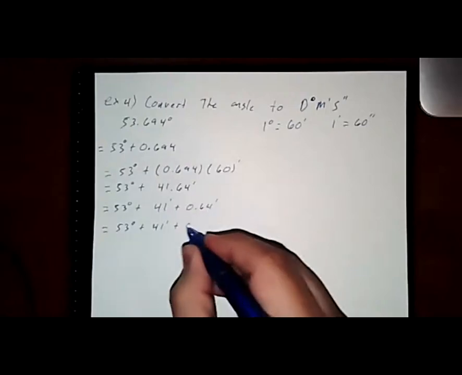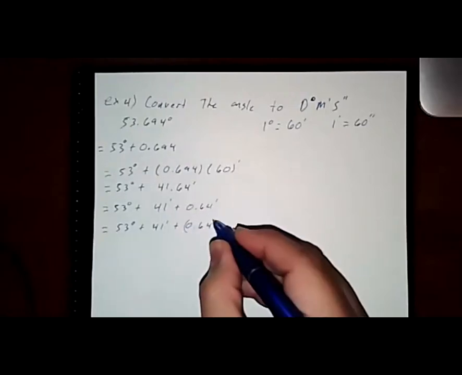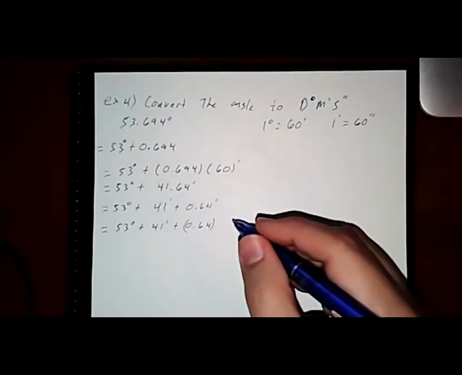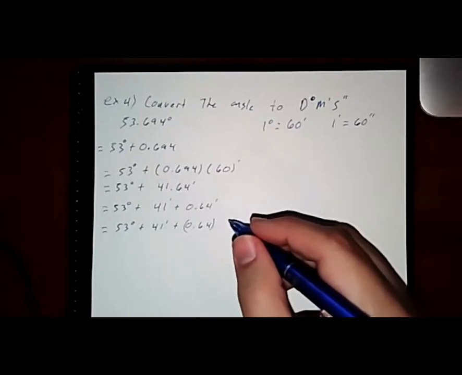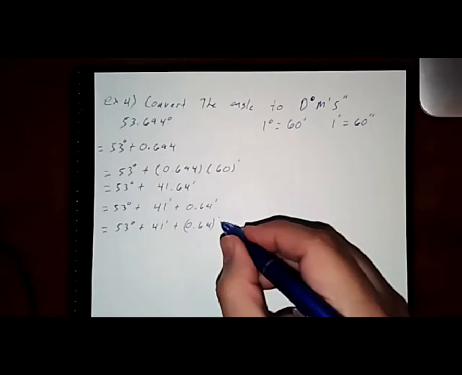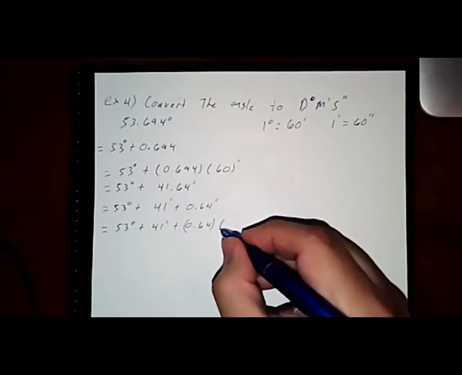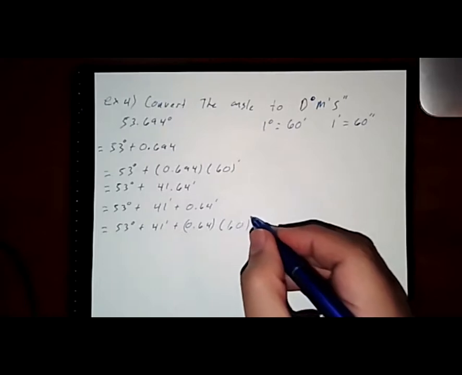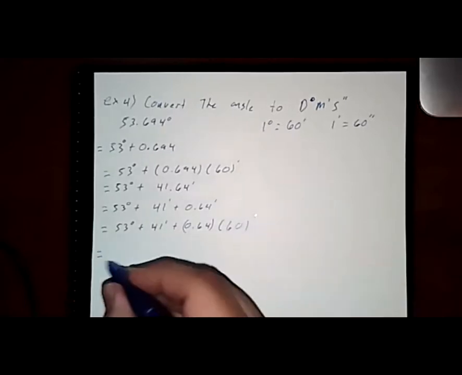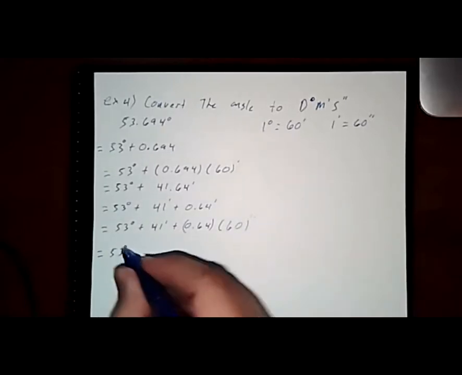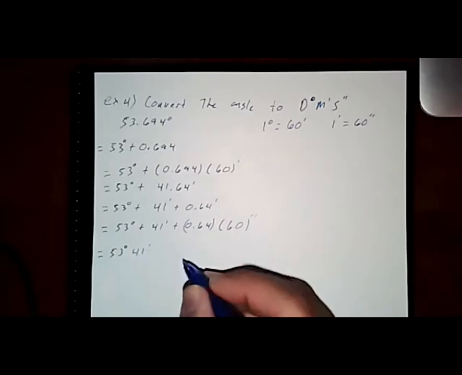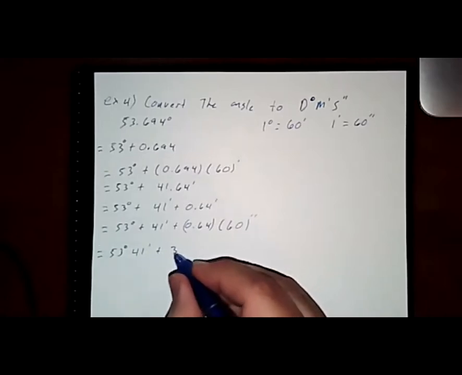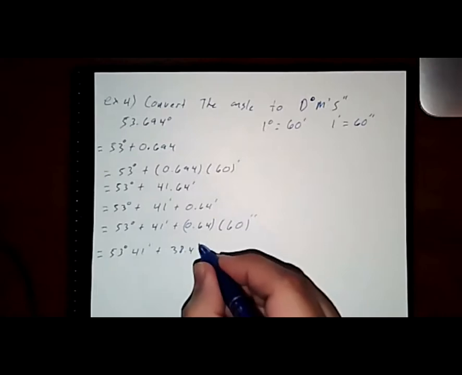So you multiply this by 60. What's that going to be? 38.4. Yeah, that's right. So now we have 53 degrees, 41 minutes, plus 38.4 seconds.